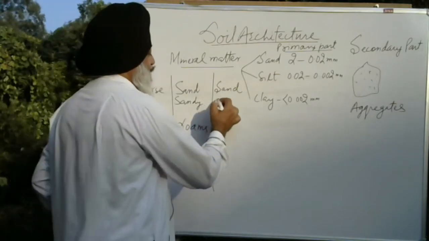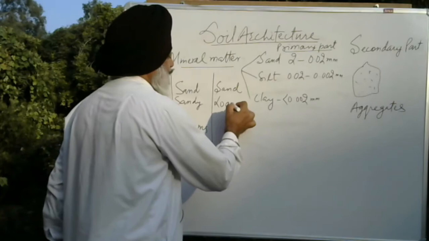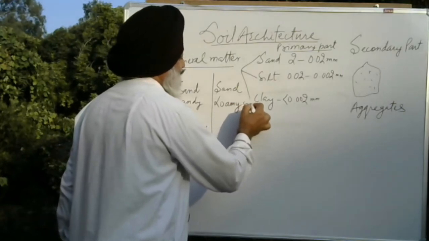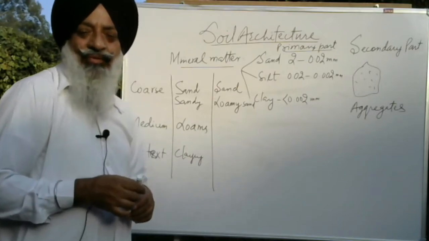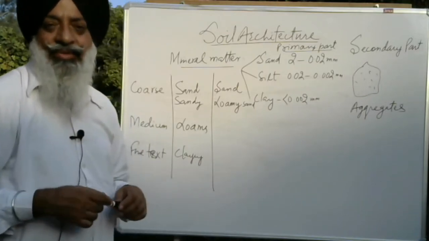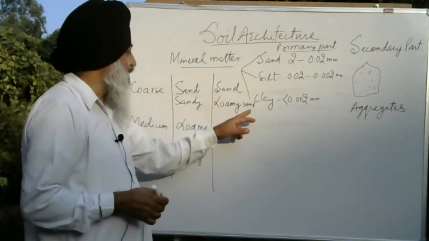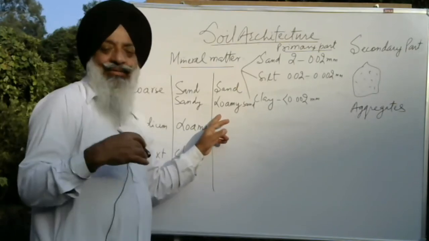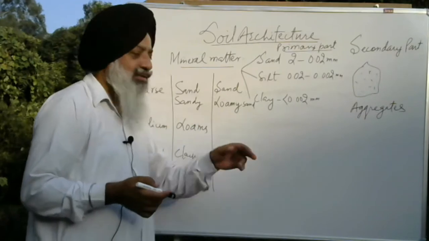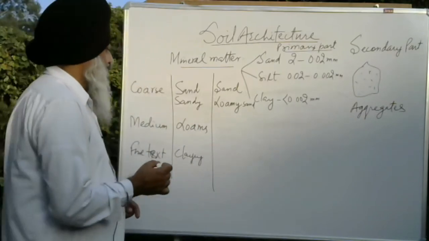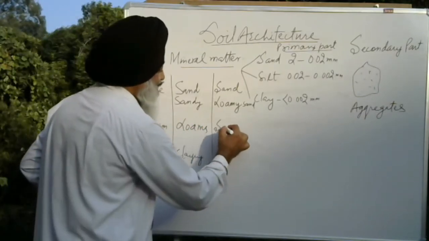And then you can have loamy sand. That means here the sand is dominating. Up to 90, 94, 95% of the particles comprise sand particles, and the rest could be silt or clay. That's why we call it loamy sand. Then in the medium category we have sandy loams.